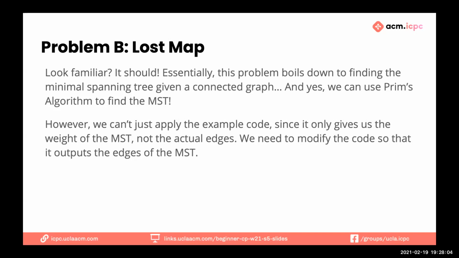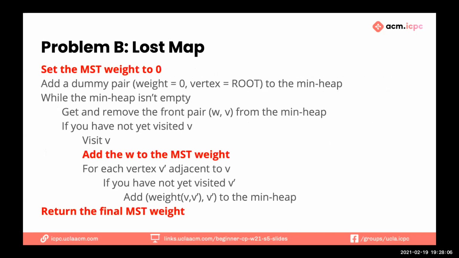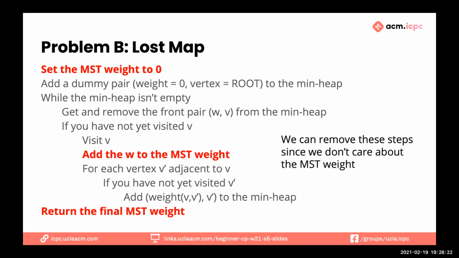And maybe before I go over the solution, let me ask you guys. In the original pseudocode where we found the weight of the MST, we kept track of this variable MST weight, which we incremented every time we added an edge. But we can get rid of that now, and we can replace that with something else.